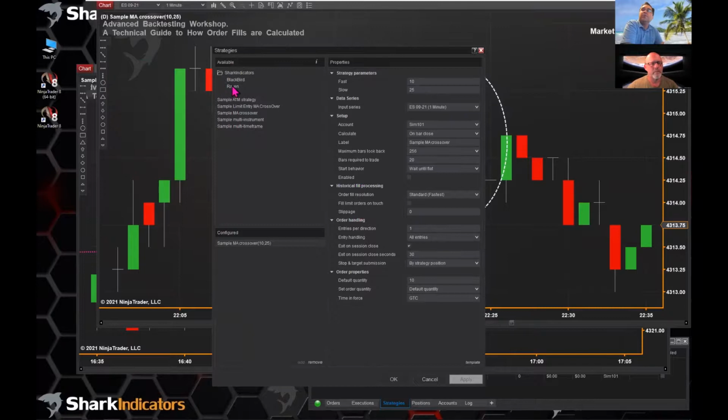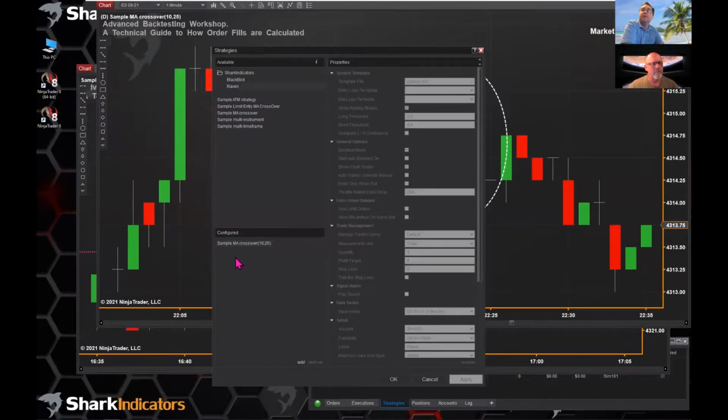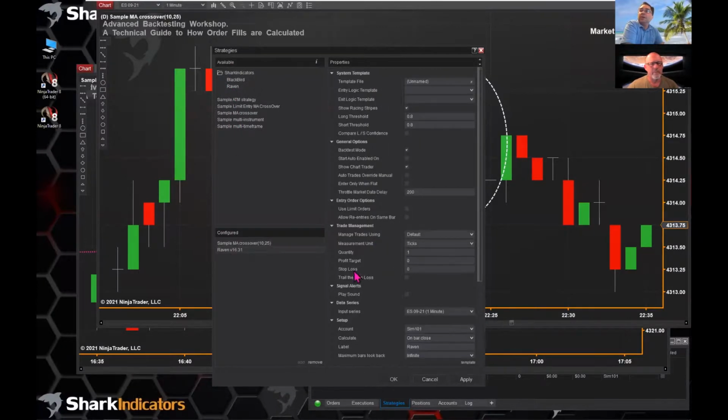So with Raven, you can submit one order set. So you just have a simple profit target and a simple stop loss. You can trail that stop loss, but it's a fixed trail, so you can't do any kind of break even with the stop loss or anything like that.